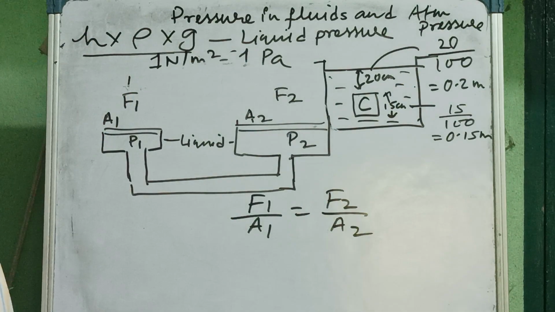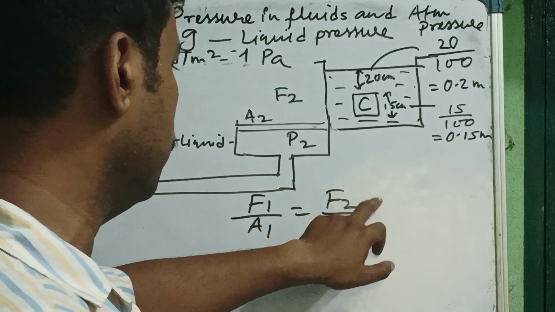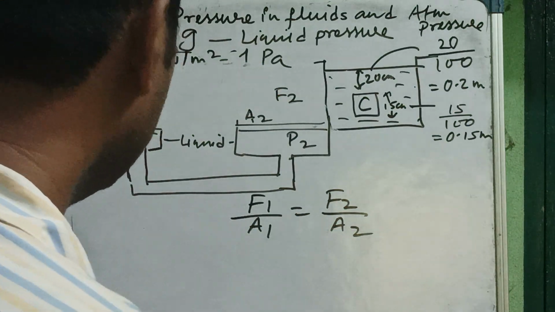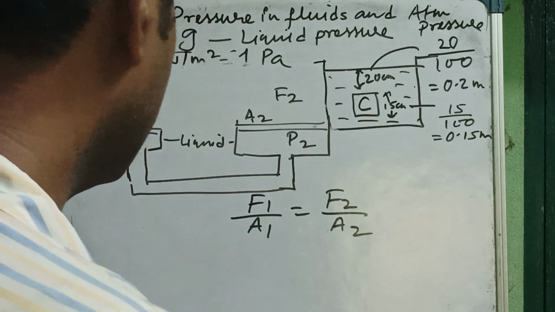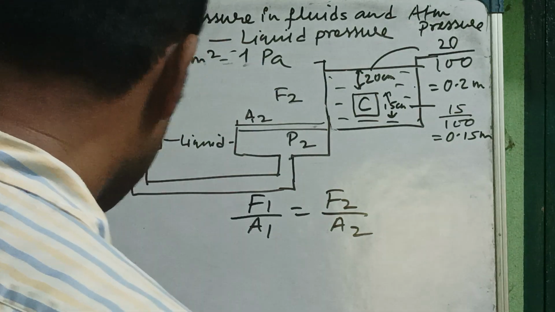This is also a pressure formula, because pressure equals force by area or thrust by area. So for the first piston F1 by A1 and for the second piston F2 by A2. So F1 by A1 equals F2 by A2. When it is balanced, then this formula has to be taken.